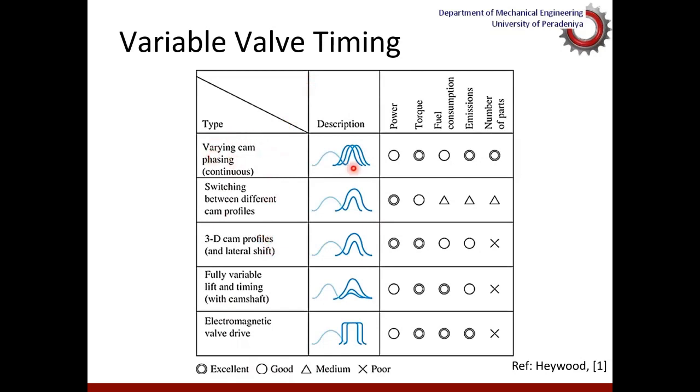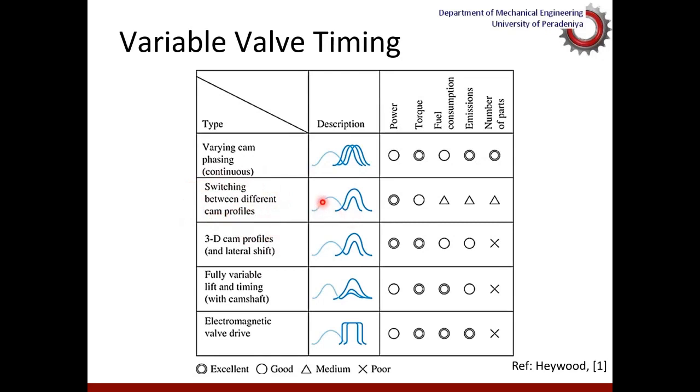Cam phasing systems, where you can offset the entire cam by a certain duration, phase the entire cam accordingly. You can move the inlet valve open timing, for example, towards the top dead center, and at the same time, the inlet valve closing timing will move out of the bottom dead center, because it is just phasing, you don't change the duration. Then there are systems which operate on the concept of switching between different cam profiles.